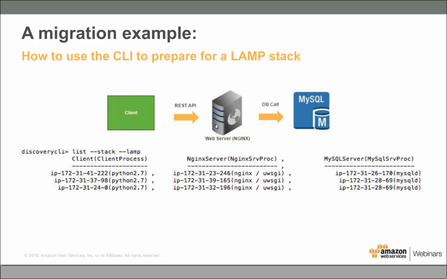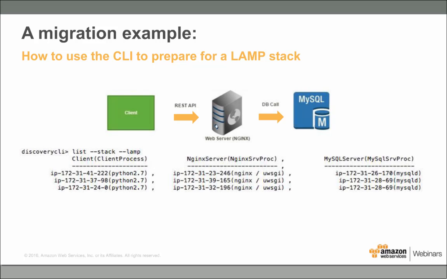Here's an example of me performing a CLI operation, and the filter is now changed to: list me any server that participates in a stack called a LAMP stack. What it really means is, to qualify a workload as running in a LAMP stack, it should run either Python 2.7 or Nginx or MySQLD.